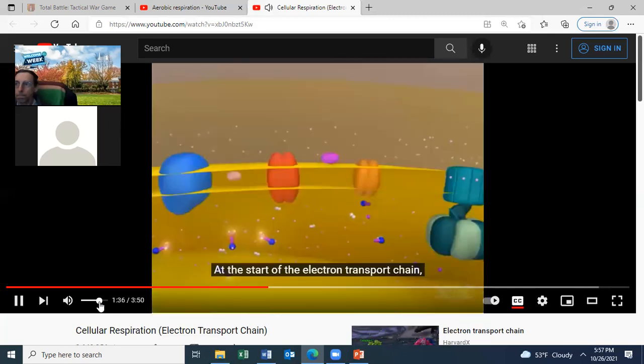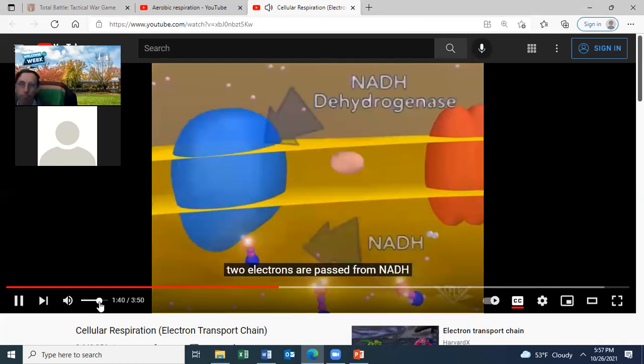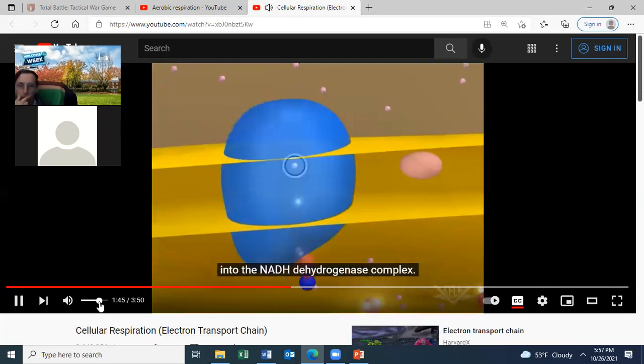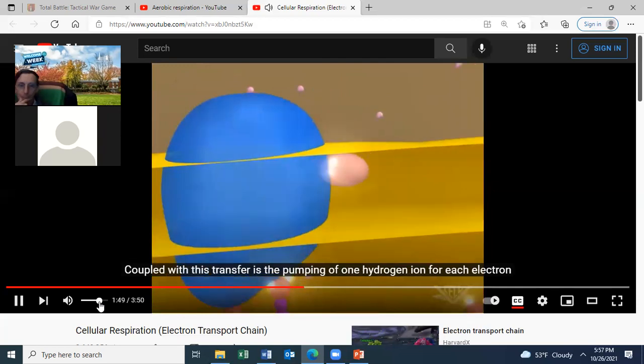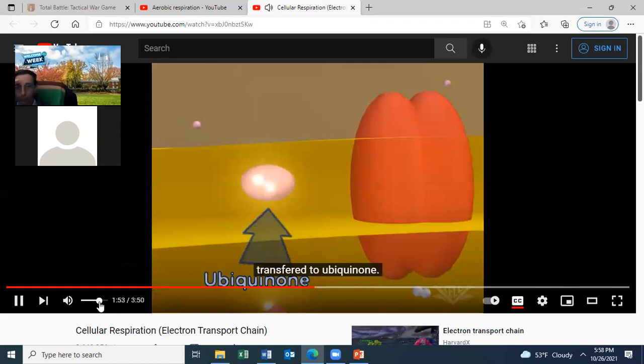At the start of the electron transport chain, 2 electrons are passed from NADH into the NADH dehydrogenase complex. Coupled with this transfer is the pumping of 1 hydrogen ion for each electron. Next, the 2 electrons are transferred to ubiquinone.